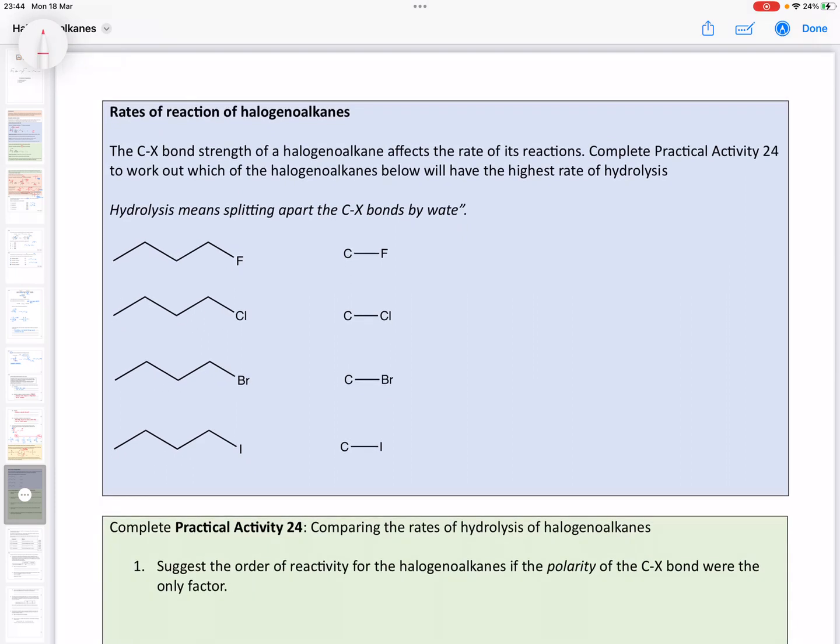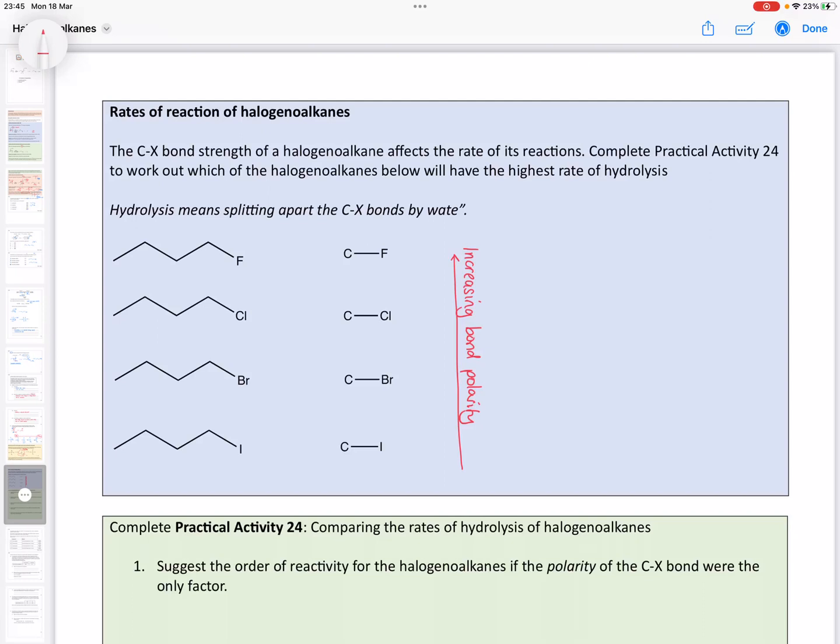So we did practical activity 24, which compared the rates of hydrolysis of halogenoalkanes. If you have a look at practical activity 24, you'll see that you're given a table of information that shows the bond polarity increases in that direction, with fluorine having the most polar bond and iodine having the least polar bond.